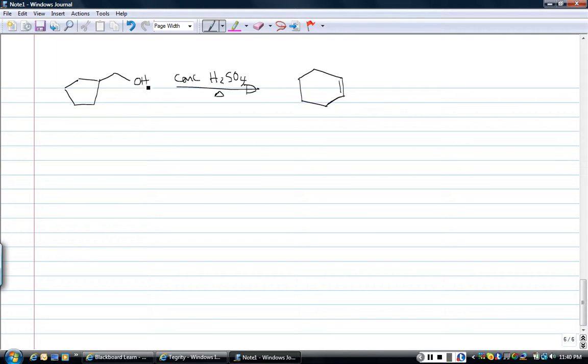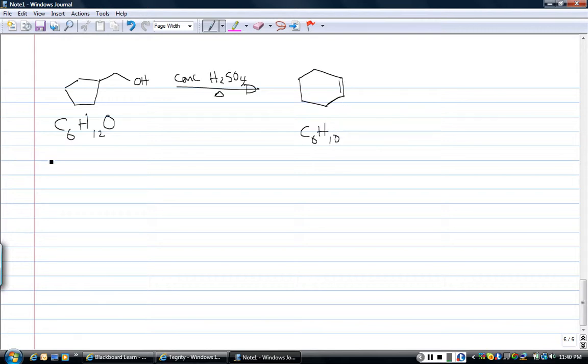OH from the molecule. And if ever you're concerned, work out the formulas. So the formula of this compound is C6, right? So it's 5 carbons in the ring and 1 here, that's 6. H12, O. And my product is C6H10.